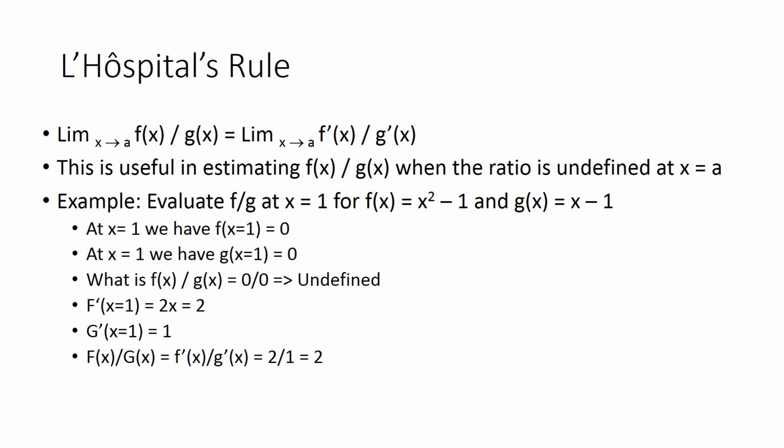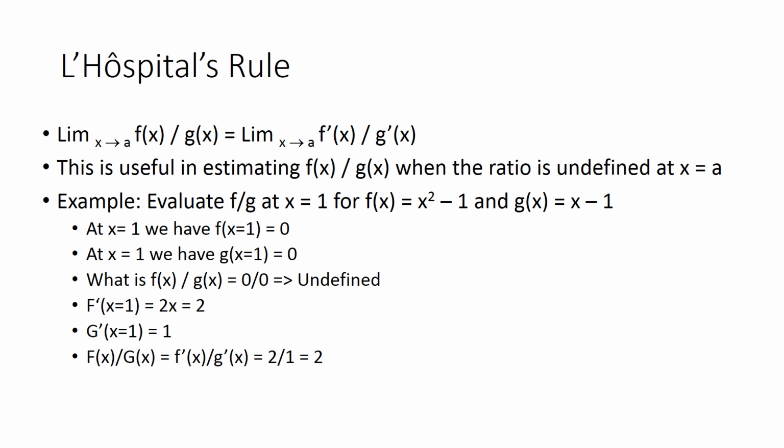Let's illustrate this by an example. The functions are given by x square minus 1, this is f, and g(x) is equal to x minus 1. So if you put in x equal to 1, f will be equal to 0 and g also will be equal to 0. So what is f(x) by g(x)? Undefined.